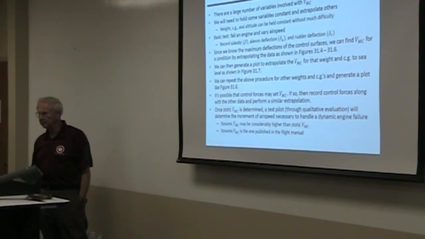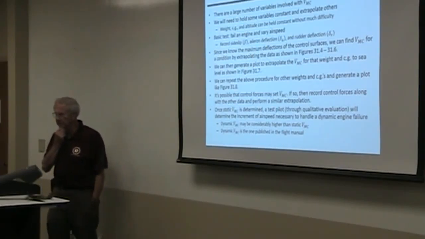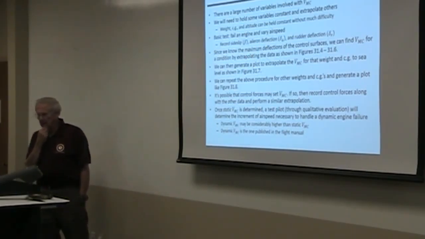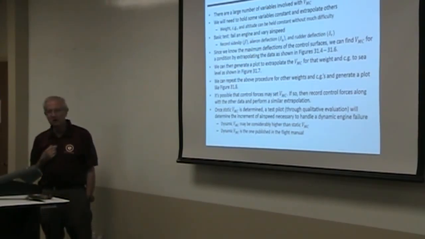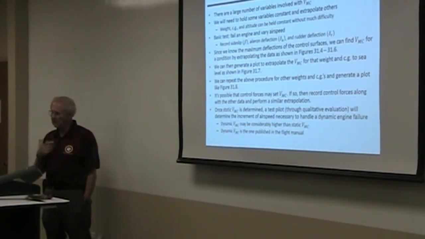So we see there's a large number of variables, and you have to hold some constant and extrapolate others. And essentially the basic test is fail an engine and vary airspeed. When you do that, you record side slip, aileron deflection, and rudder deflection.